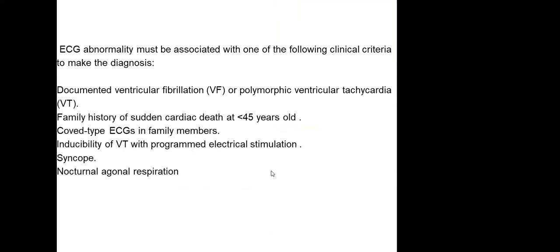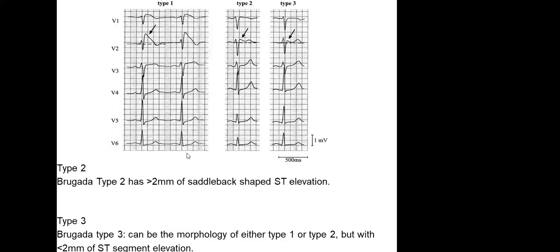What is polymorphic VT? It is Torsades. There is a family history of sudden cardiac death under 45 years of age, a coved ECG finding in other family members, and syncopal attacks are a common history, or at night there is agonal respiration noticed by other family members. Such patients are type 1 Brugada.